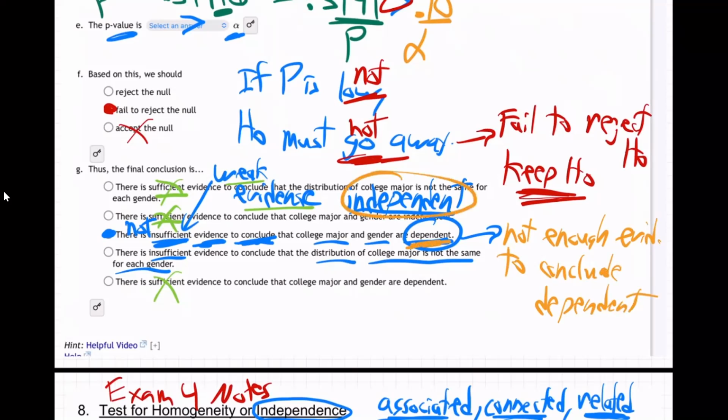We believe they were independent because evidence was weak, right? There's insufficient evidence, not enough evidence to conclude that college major and gender are dependent, right? There was not enough to conclude dependent. Evidence was weak, and we went with independent. So that's right. I know that can be confusing. And so there we go. There's our conclusion.